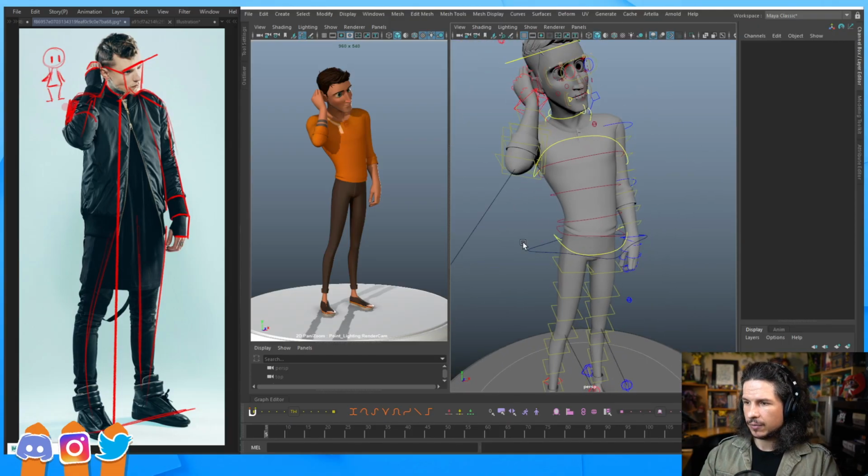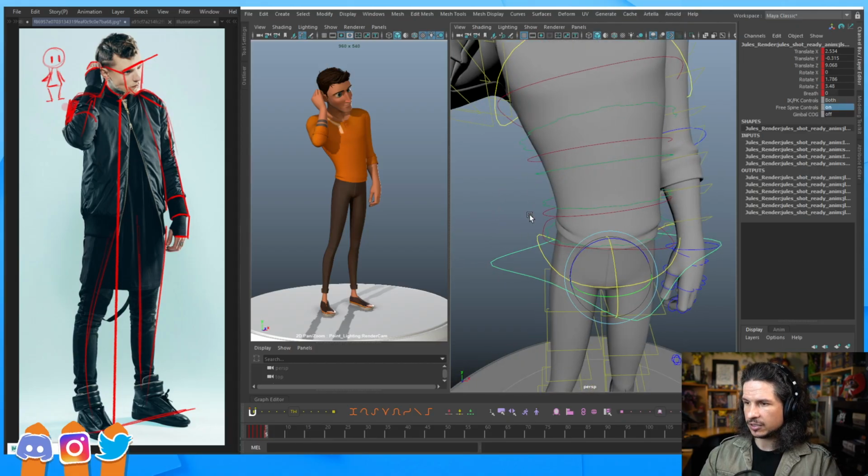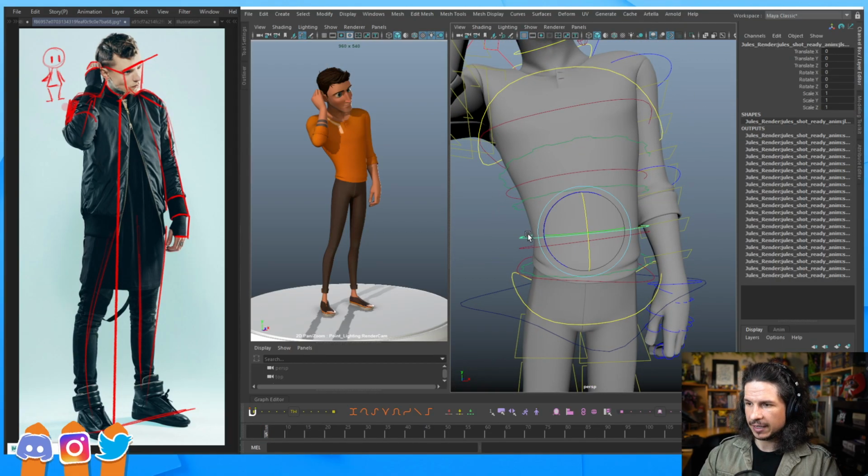What else can we do? Well, the body has its own sculpting controls. So these are the free spine controls or the sculptor controls. Let's just use this free spine for now. What this allows me to do is tweak the shape of the body. So if I wanted to get a little bit more of a pinch right in there, I could do that using these controls.